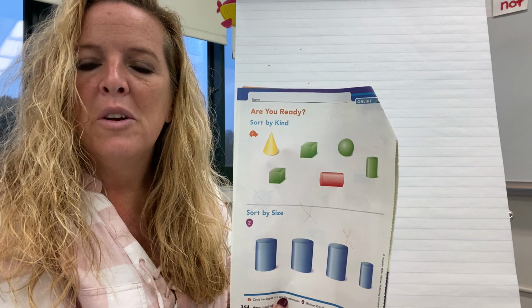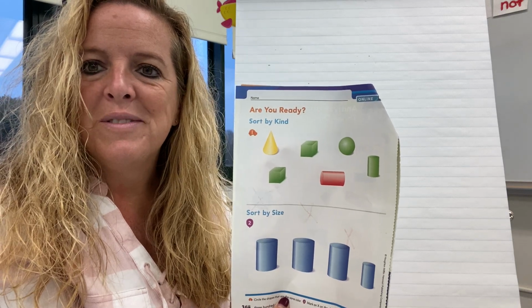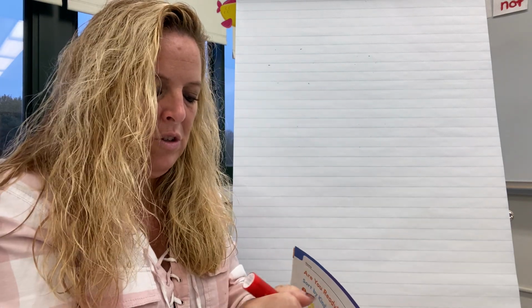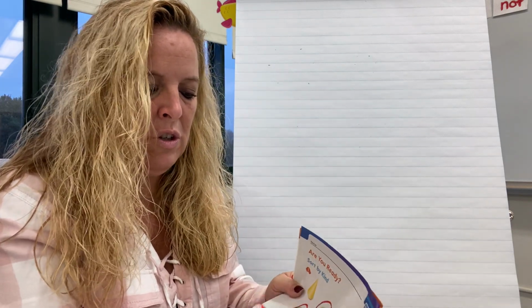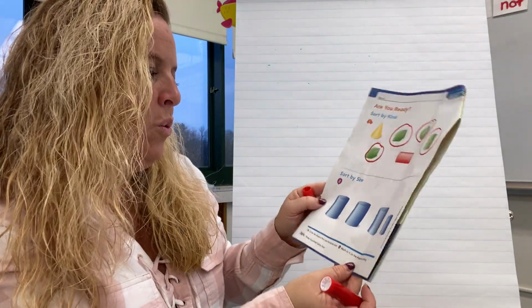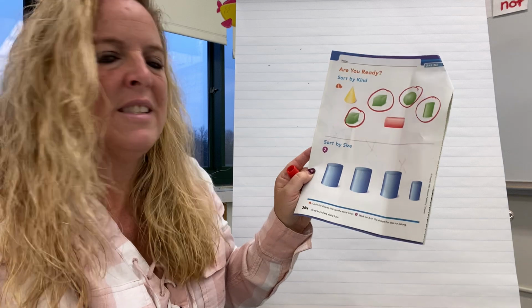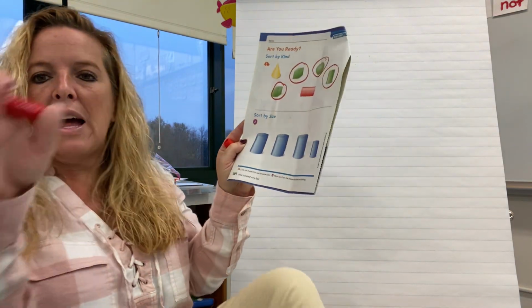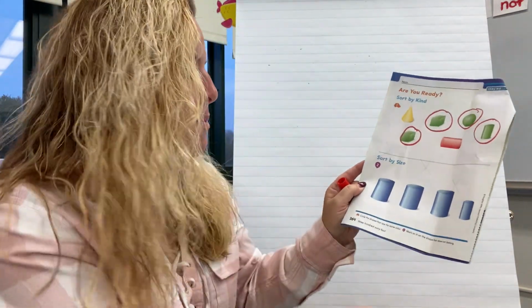Okay, that's easy. Which ones are we going to circle? You got it, all the green ones, because they're the same color. Circle, circle, circle, circle. Get it? Okay. Ooh, I see these are all cylinders. Remember that cylinder shape that kind of looks like the soup can? It's got a flat on top, flat on bottom, and it's curved in the middle.